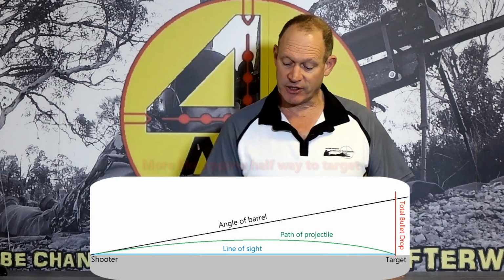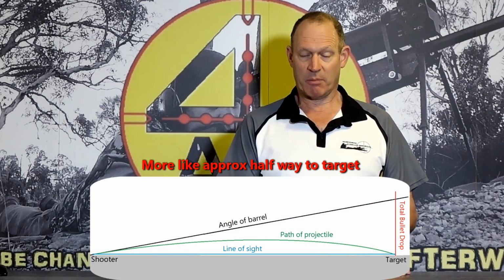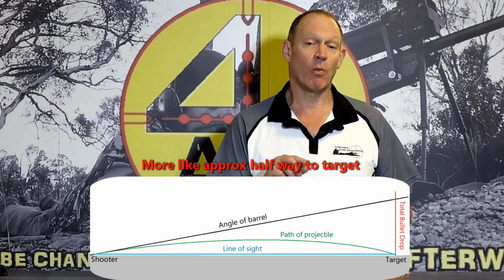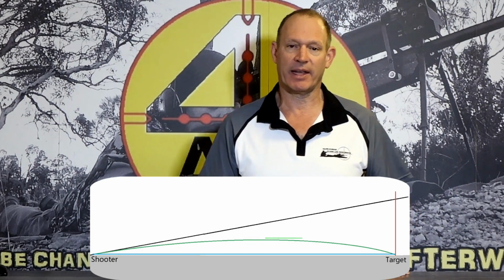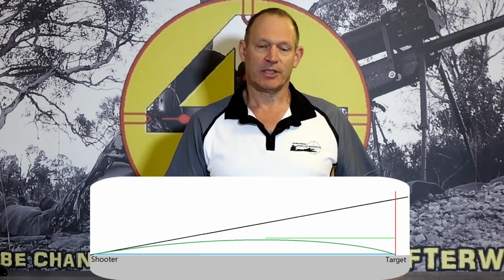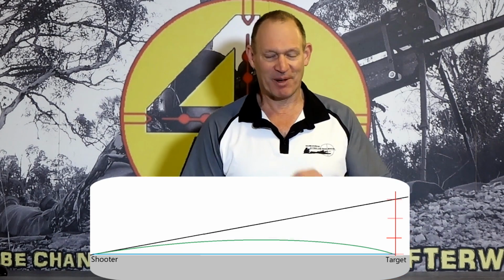Now that isn't how high the bullet travels, but roughly the rough maths on it is that approximately 2/3 the way to the target will be the peak of your shot, and that will be around 1/3 of the maximum MOA. So the numbers aren't quite there, but about 1/3 is the maximum trajectory of the projectile.